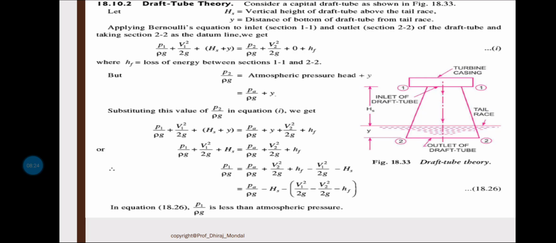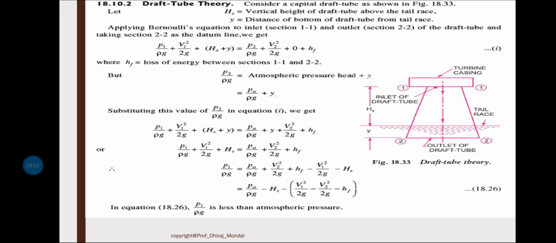Kinetic head means velocity head, that is V square by 2g. In terms of head we are going to discuss. Bernoulli's equation also involves the potential head; mgh is the potential energy, and the potential head is equal to Z. Clear?